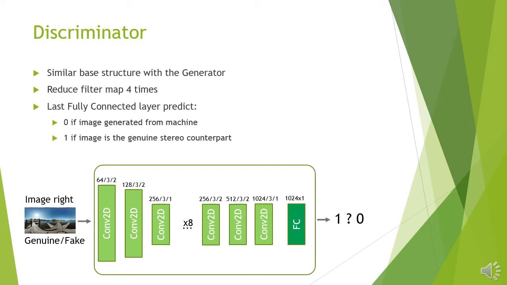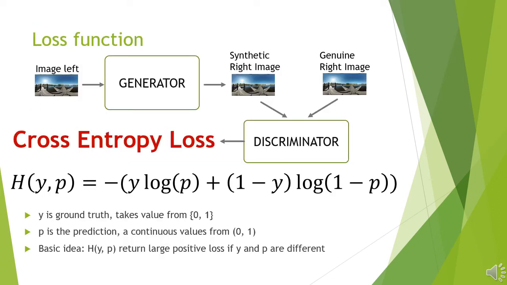Then we will have a final decision layer, a fully connected layer that will receive a vector of 1000 elements, which is the output of the last convolutional layer, and output one number ranging from 0 to 1. By doing this, the model will be able to make a decision on whether an input image is true or fake.